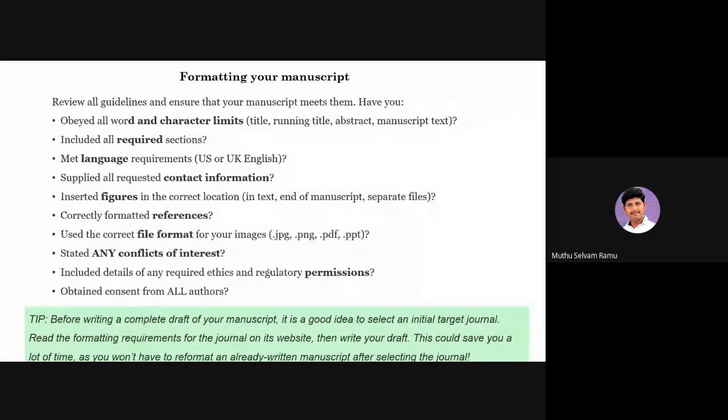So there is a big list. What is the conceptualization? Who did data curation? Who did formal analysis? What is the funding acquisition? Who acquires the funds? Who are the investigators? Who drafted the methodology? Who did the project administration?